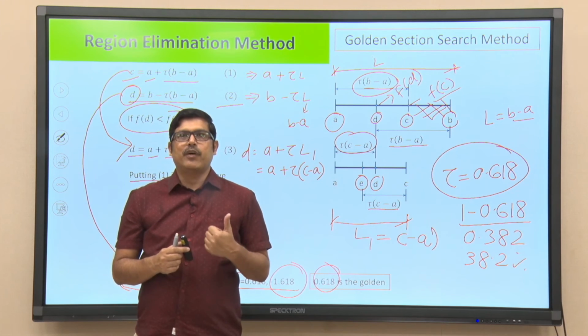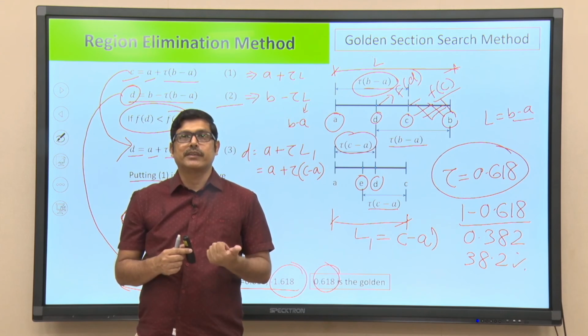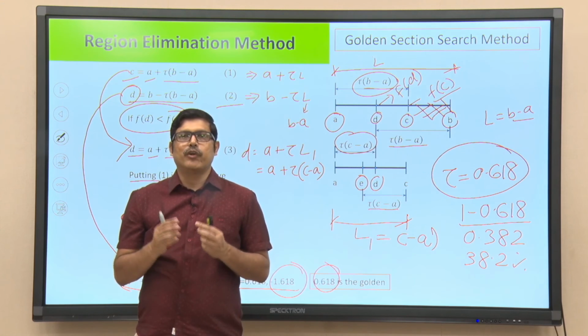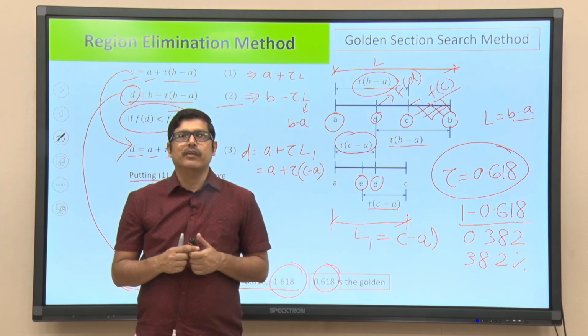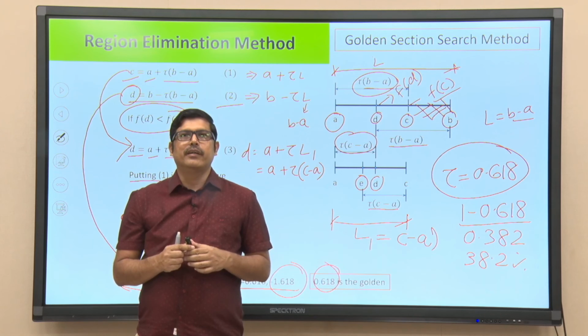And how many function evaluations are we doing? We are doing only one function evaluation in every iteration except the first iteration. That means, after the first iteration we are doing one function evaluation and we are eliminating 38.2% of the region. So, if we compare with the interval halving method, in the case of interval halving method we are eliminating 50% of the area in every iteration and every iteration we are doing two function evaluations.